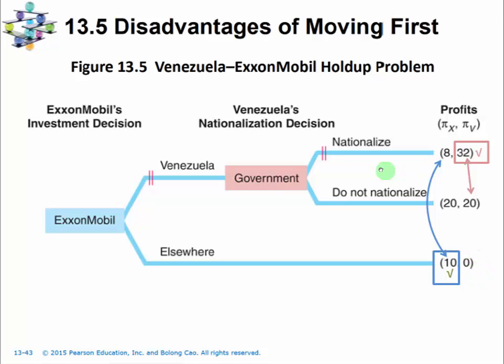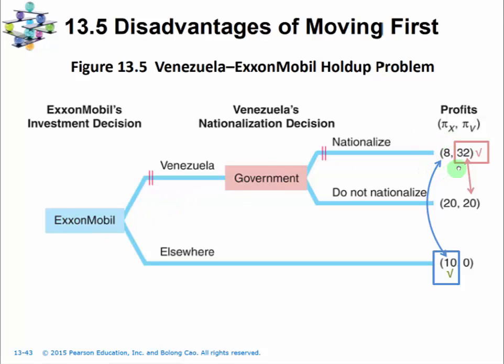However, after ExxonMobil has made the investment, this investment can become a hostage because it cannot be moved out of Venezuela. So, as the second mover in this game, the Venezuelan government can decide to nationalize the investment made by ExxonMobil.